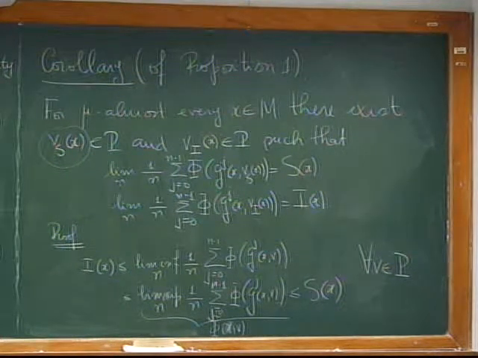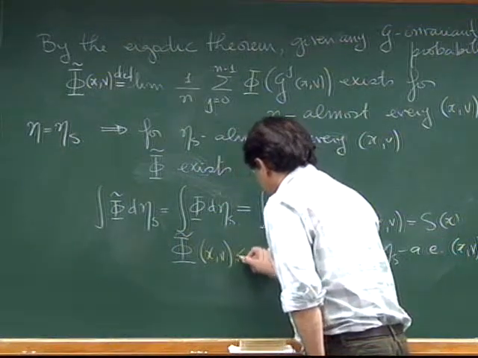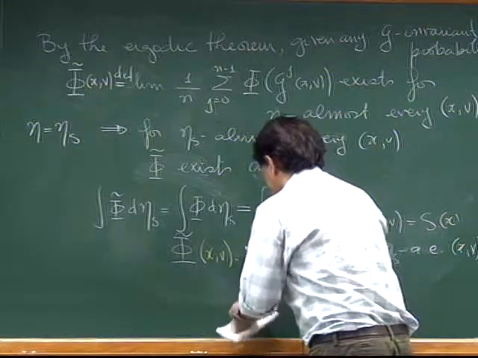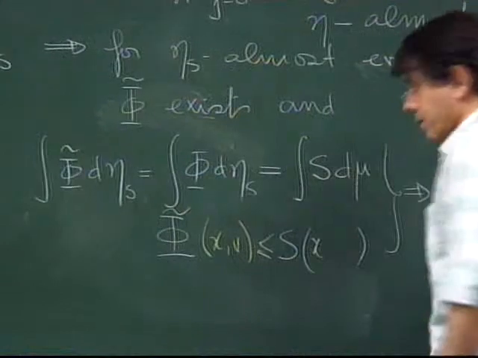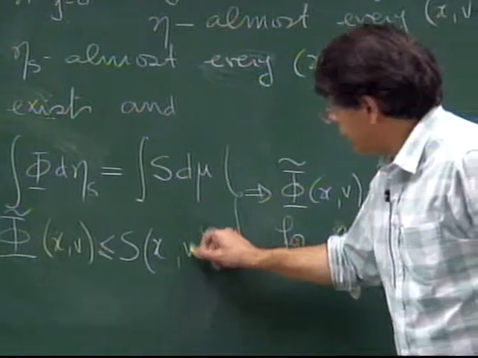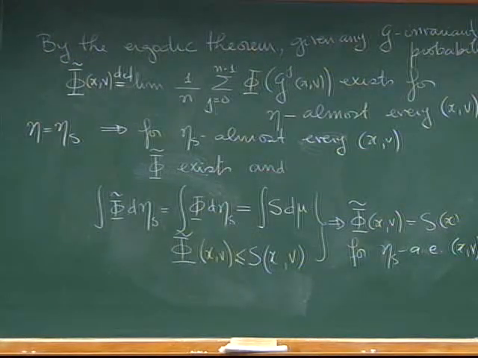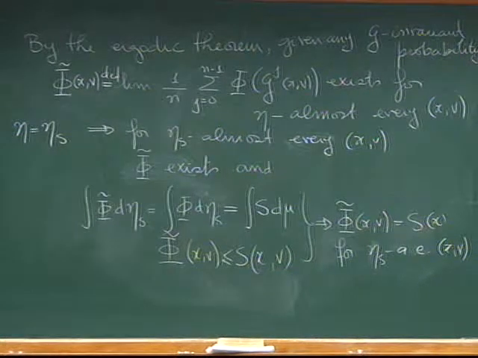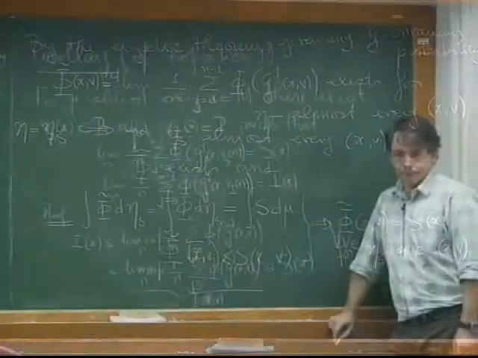However, that is not so important. What I mean here is that psi twiddle of x v is less or equal than S of x. And then I can think of this as a function in two variables that does not depend on the second one. Okay?